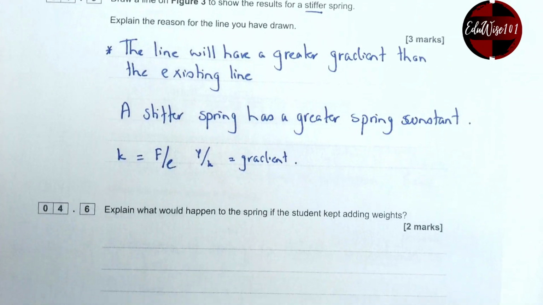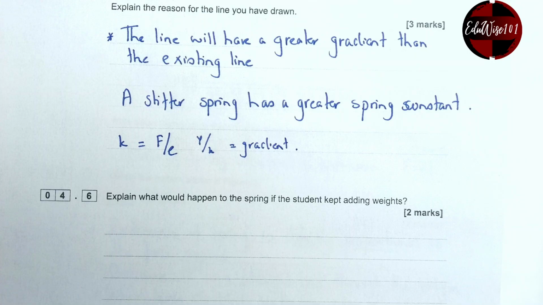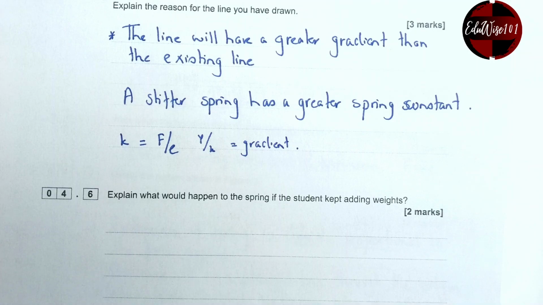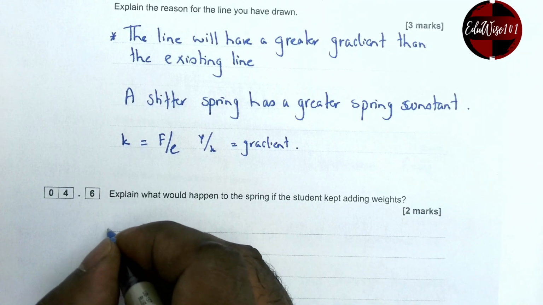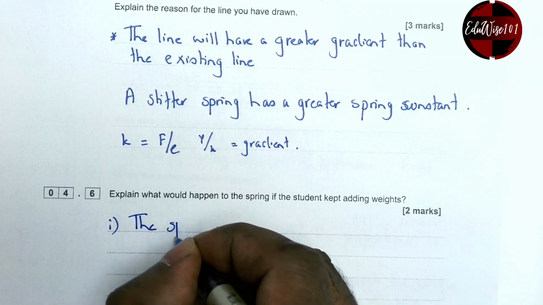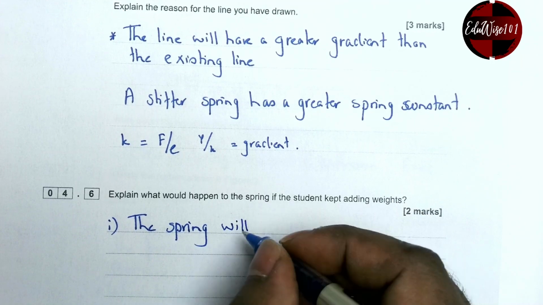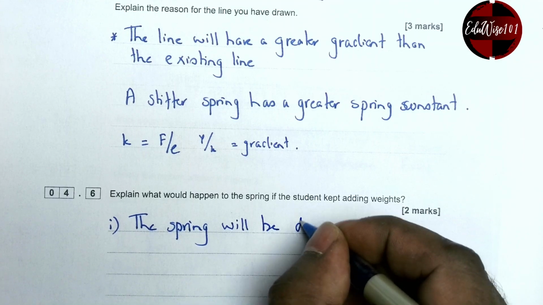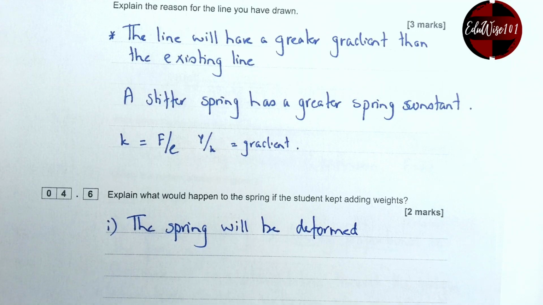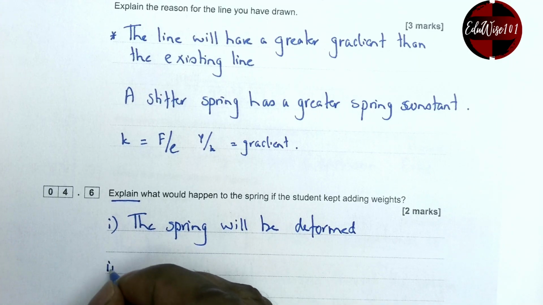Question 4.6. Explain what would happen to the spring if the student kept adding weights. If you keep on adding weights, eventually the spring is going to get deformed. So the spring will be deformed. Explain, you need to give a reason.